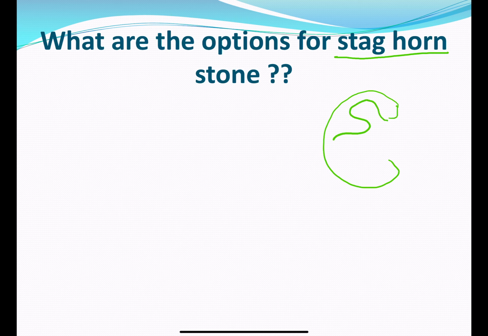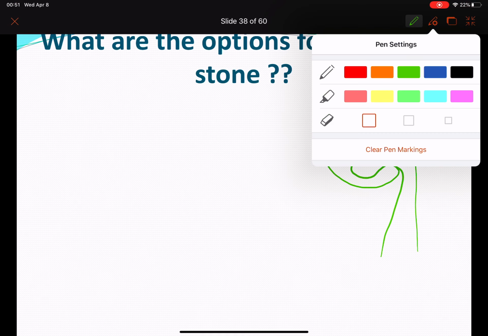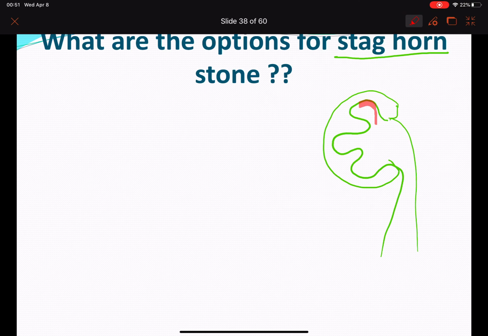Complete means the stone occupies the entire pelvis as well as all the calyces. If it is occupying one or two calyces and the pelvis, then it is known as incomplete staghorn stone.